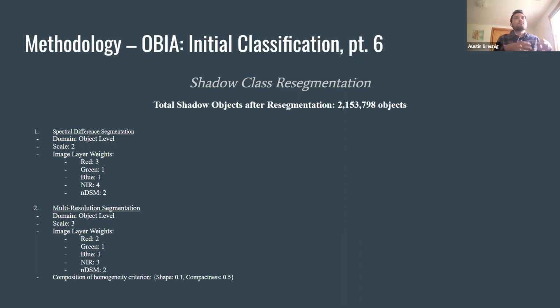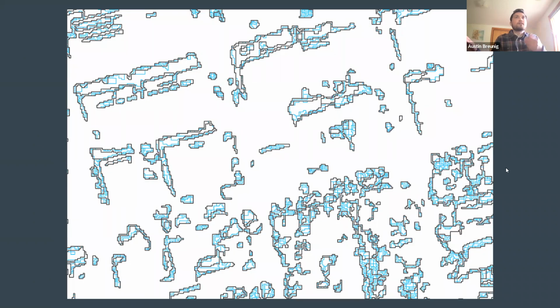So the idea is to resegment those objects at a finer scale to pick up some of those spectral differences. You can see that I used the same algorithms, just at a smaller scale. Here's an example. The black is the initial shadow objects, and the resegmented objects are in blue. You can see how everything got subdivided.